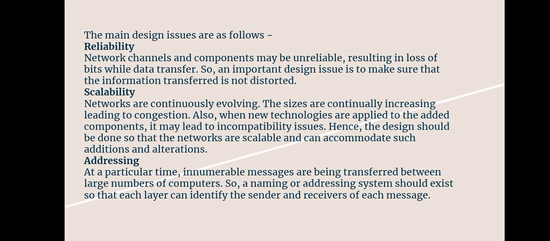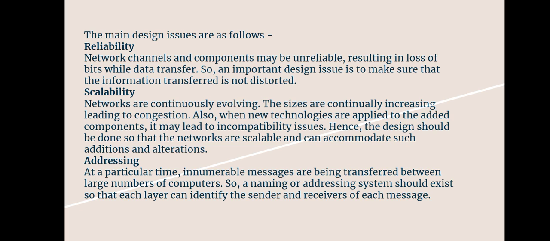And the third one is addressing. At a particular time, innumerable messages are being transferred between a large number of computers. So a naming or addressing system should exist so that each layer can identify the sender and receiver of each message.